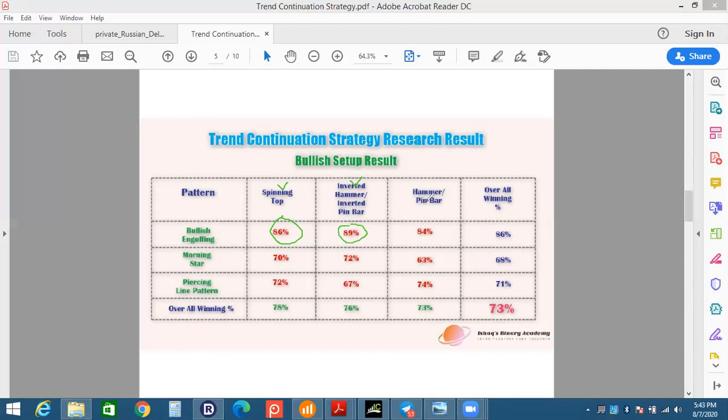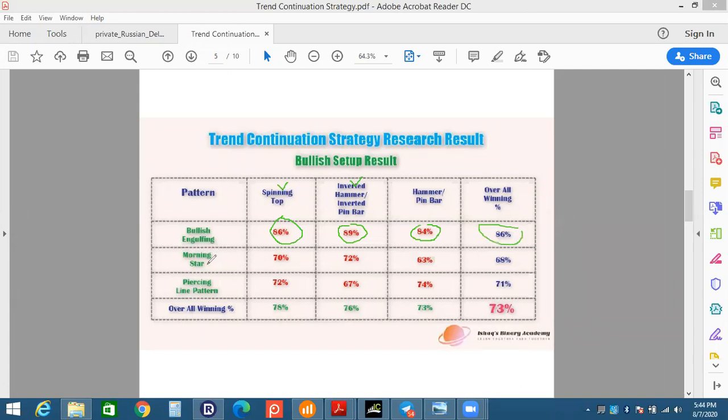And if the hammer and pin bar hammer appear, 84% chances. It means the bullish engulfing setup is very, very accurate, because we know that the green candle crosses the red one. It means the trend is in power. So overall, if we are taking these three candle setups, the overall percentage is 86.